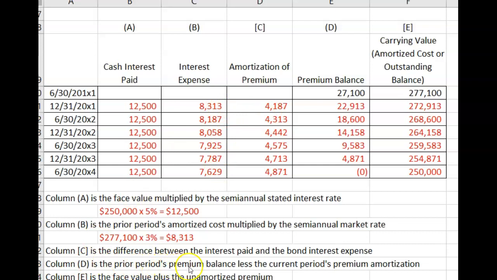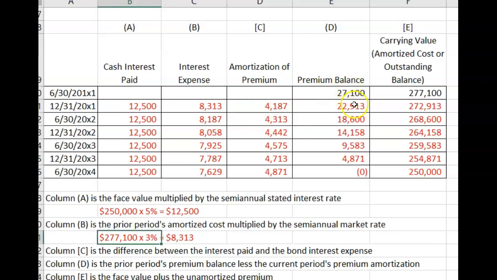The prior period's premium balance less the current period's, I went to the wrong one. Column C is the difference between the interest paid and the bond interest expense. Interest paid was $12,500 minus 8,313 equals 4,187 amortization of the premium.